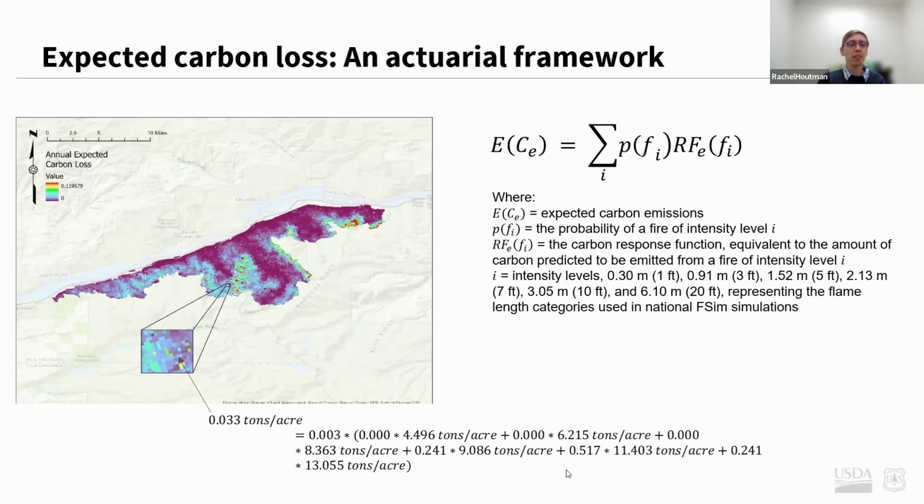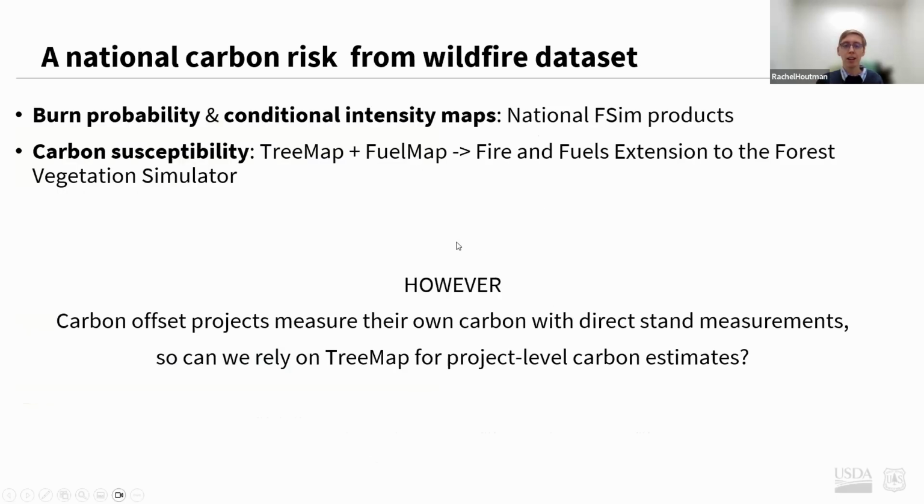So what we end up with is this total expected emissions. In this case, it was a total expected emissions of 0.033 tons per acre for that pixel. And then that's calculated across the entire landscape.